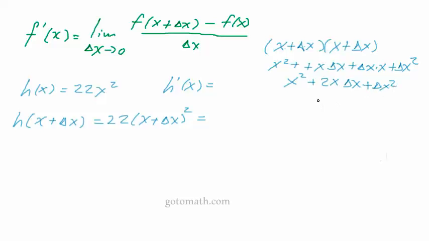So you may already know how to do all that, but you'd be surprised how many people forget. Now we have the 22 out here, so we'll want to multiply the 22 across.